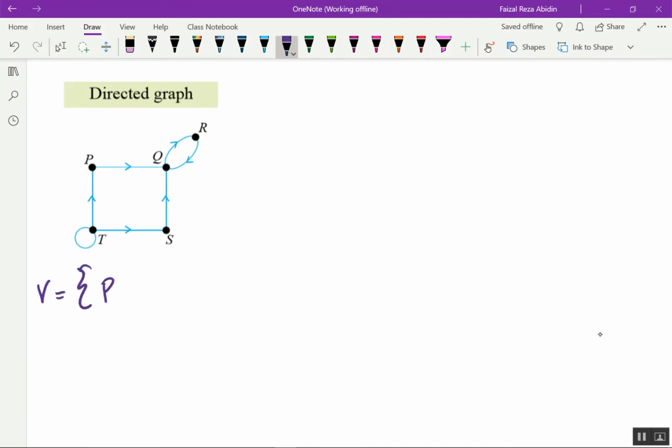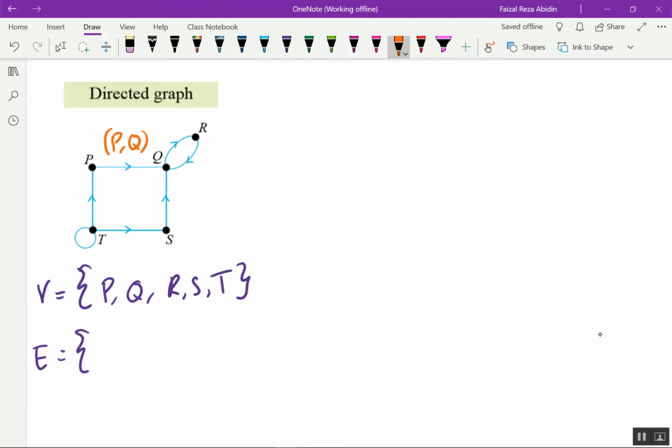P, Q, R, S, T, same, right? Next my edges. Look carefully. The first one we have over here is PQ according to the direction of the edge given there. So we have PQ.